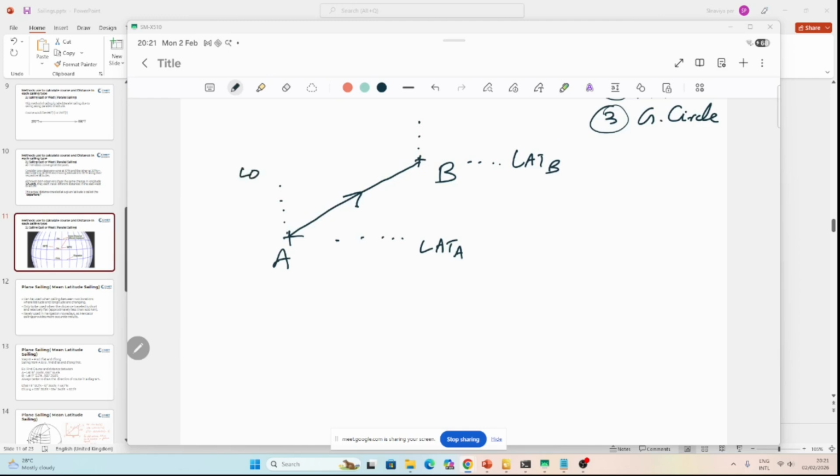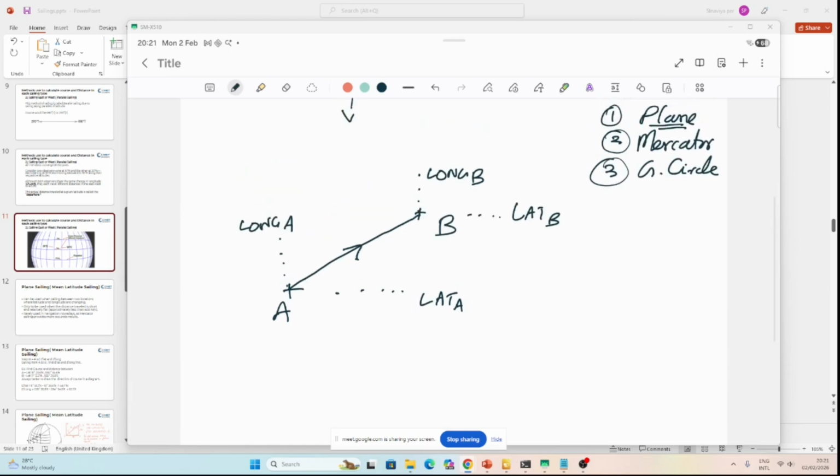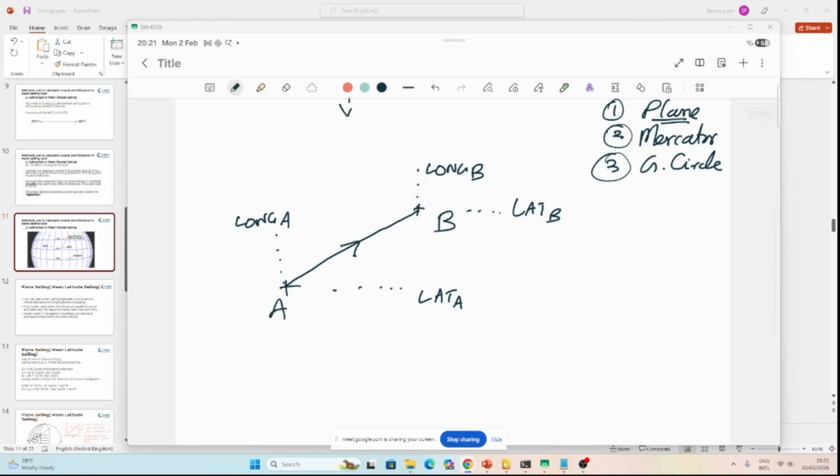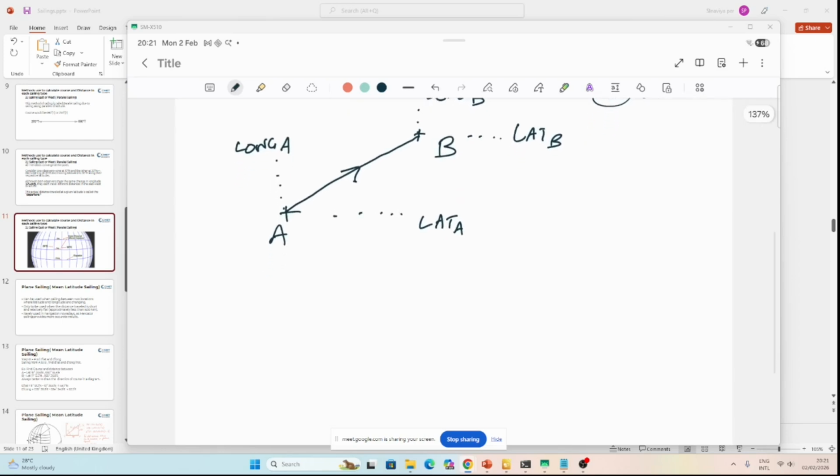So this is longitude A, and this is longitude B. So here you can have various courses. We are going to find the course and distance using plain sailing today. In future we'll be doing the Mercator sailing and the great circle sailing, but today we are going to focus on plain sailing.